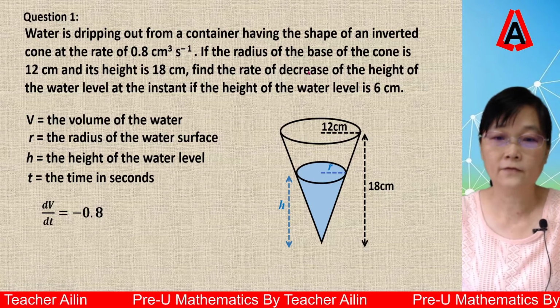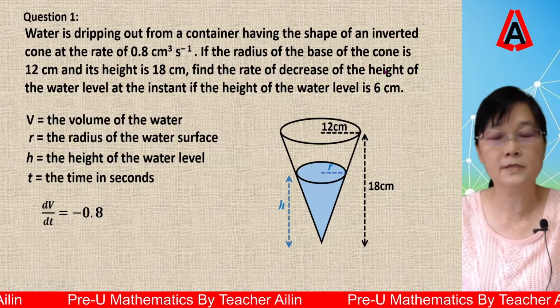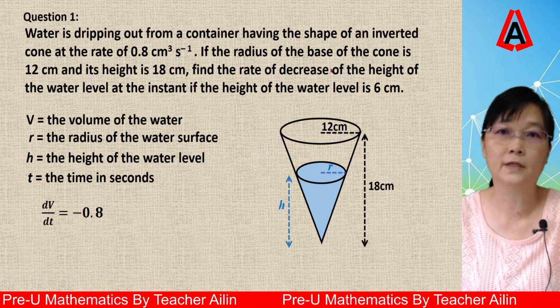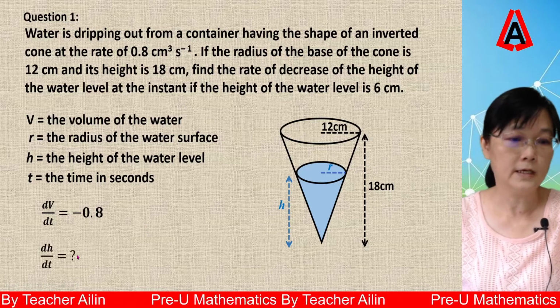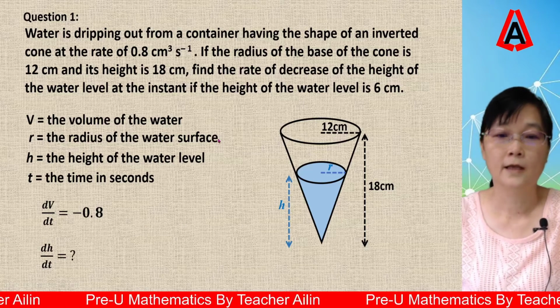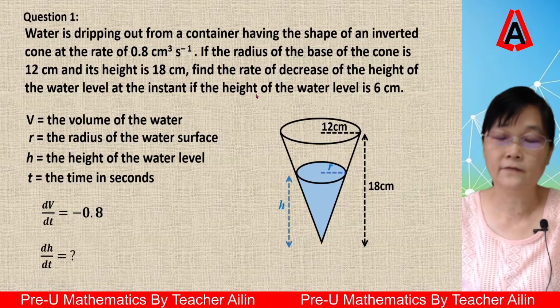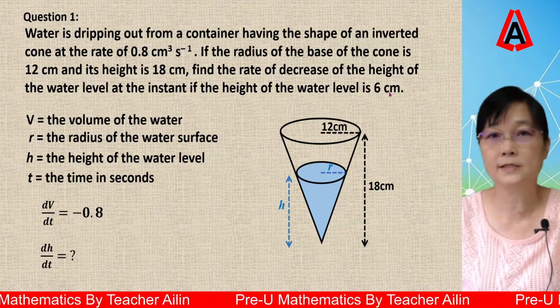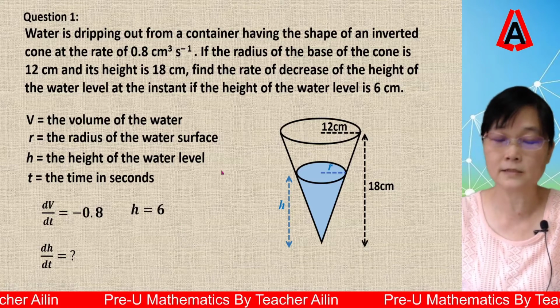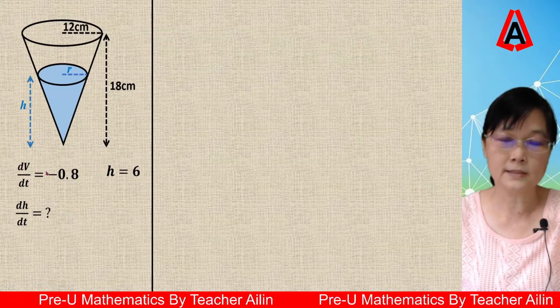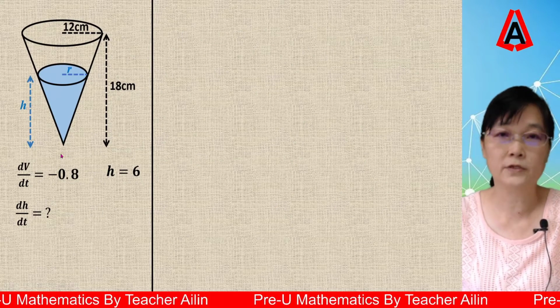And we are asked to find the rate of decrease of the height of the water level, so we are going to find dH/dt. And at the instant when the height of the water level is 6 cm, H is equal to 6. So this is the information given in the question.